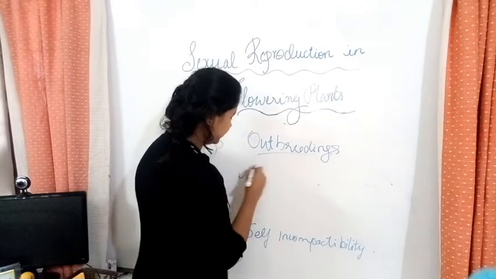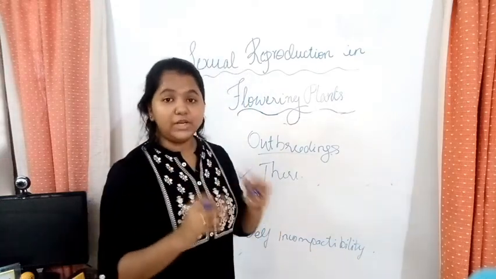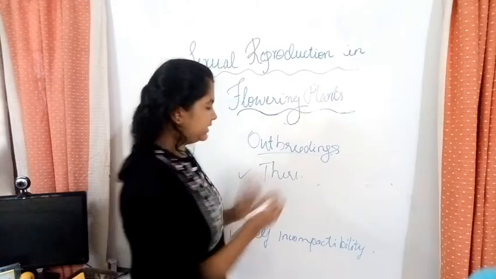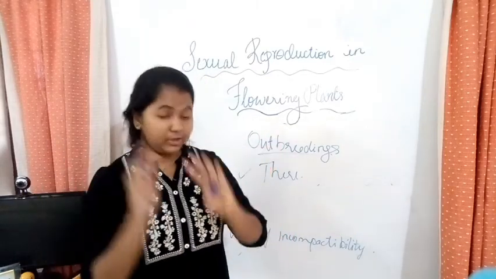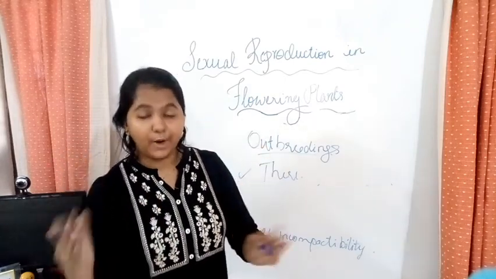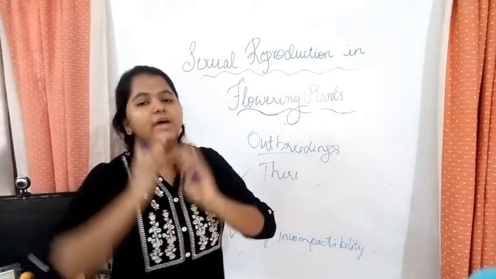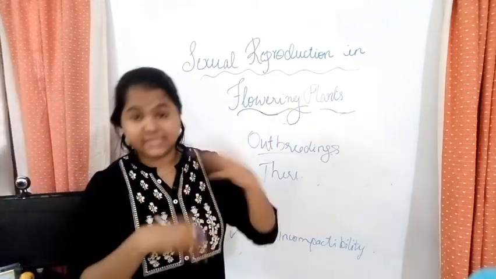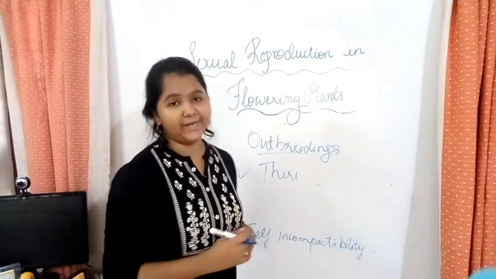The last point is that the plants will not have a synchrony between the maturation of the stigma, the maturation of the ovule and the maturation of the pollen grain; they would be at different timing. So that even if that pollen grain falls, there won't be sexual reproduction in flowers taking place. So these are the outbreeding devices.